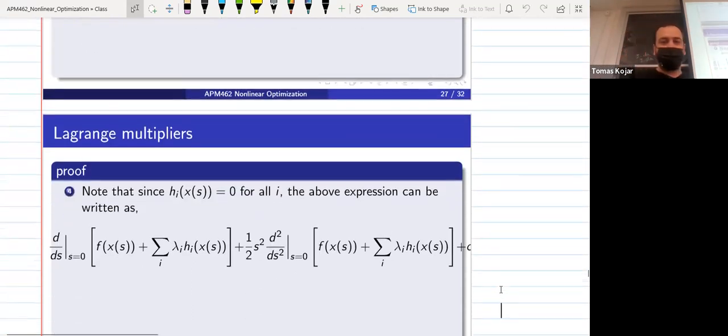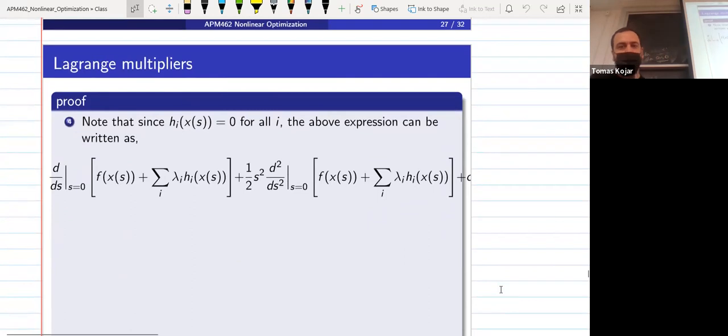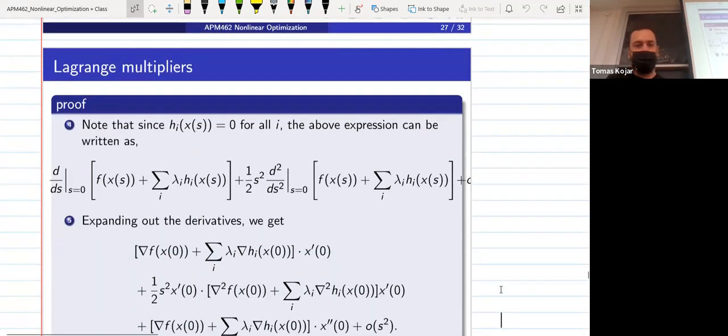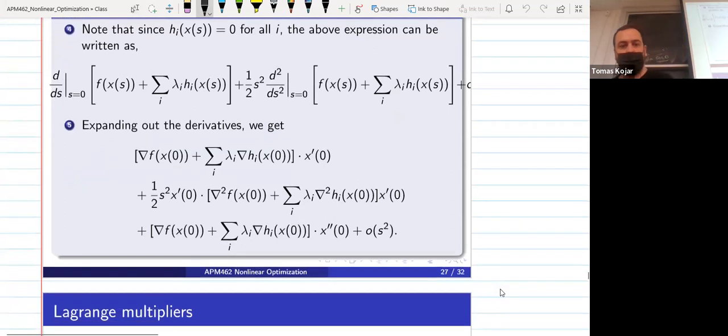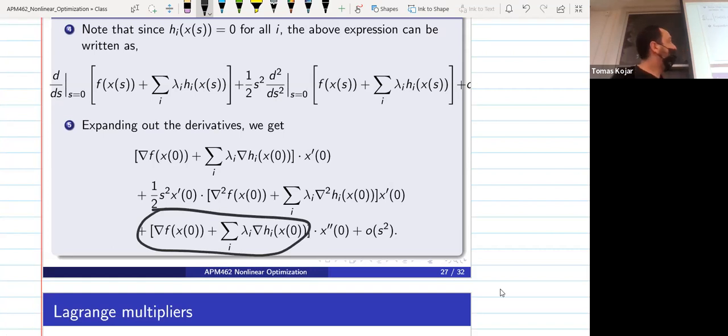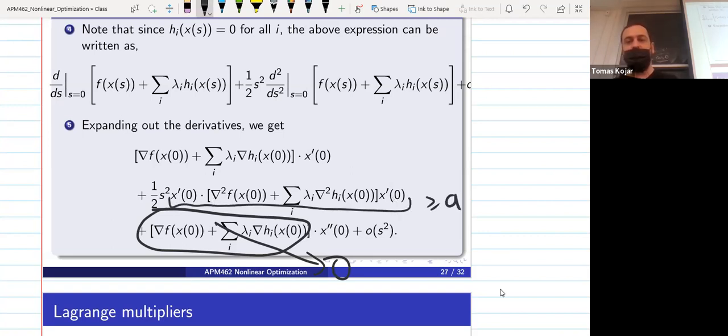This guy is 0. So I can put it in. Same chain rule, product rule from before. And again, Lagrange multipliers tells you that the gradient is in the span of the h_i's. This guy is 0. And this guy is positive definite, so we can lower bound this whole expression by A times x dot squared.